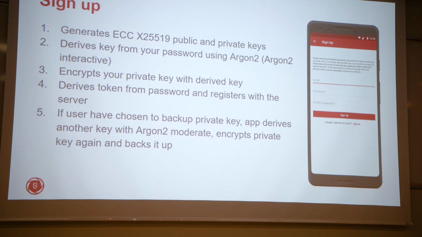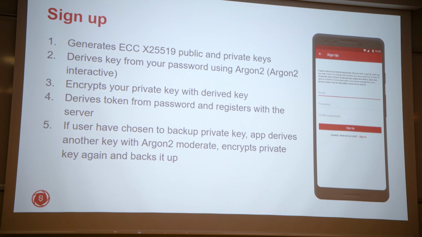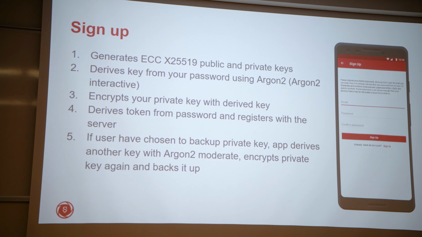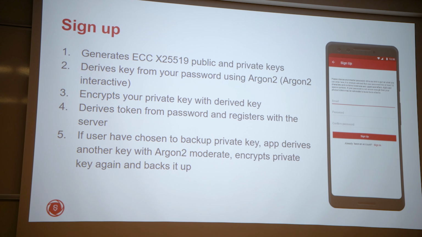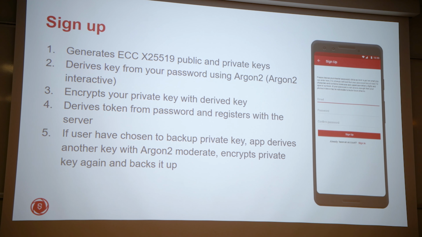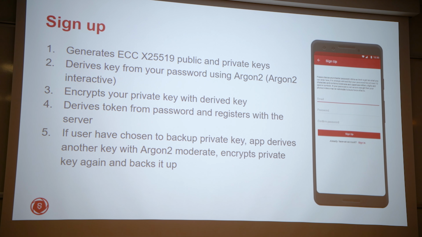It derives a key from your password, as we already discussed, with Argon2. It encrypts your private key with the key derived from your password. Then it derives a token from your password to register with the server. And if the user chose to, it backs up your private key, which is re-encrypted with Argon2 moderate difficulty, and sends it to the cloud.